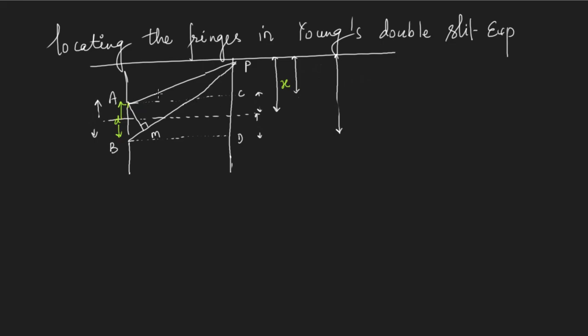Now again this is my angle theta, and this will again be theta, and then from this rectangle, if this is O, my CO will be d by 2, OD will again be d by 2 by symmetry, and then if this is x, then PC will be x minus d by 2, and PD would be x plus d by 2.